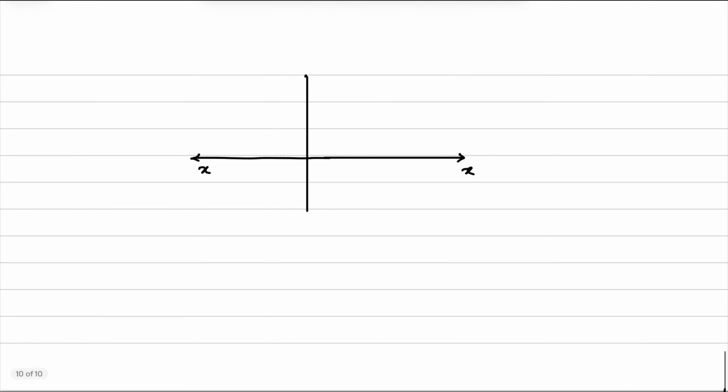You can understand. Intercept is there, slope is not there. When slope is not there, theta is 0. And this is the line when slope is not there.